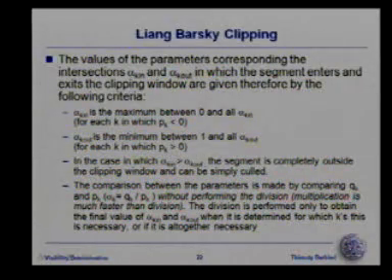So you apply a maximum between 0 and the ins, a minimum between 1 and the outs, and you determine the winner between the ins, alpha k in, and the winner between the outs, alpha k out. Now we are almost finished. If it turns out that the parameter of the winner in the ins is greater than the parameter of the winner in the outs, it means that the segment is completely outside the clipping window and can simply be culled.